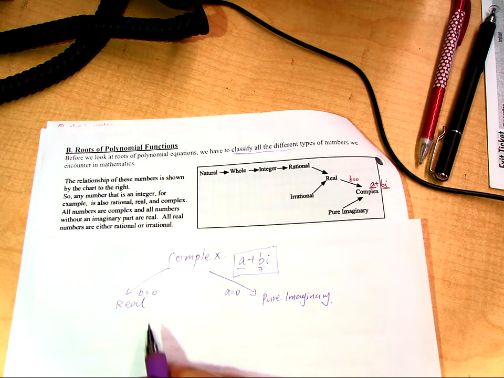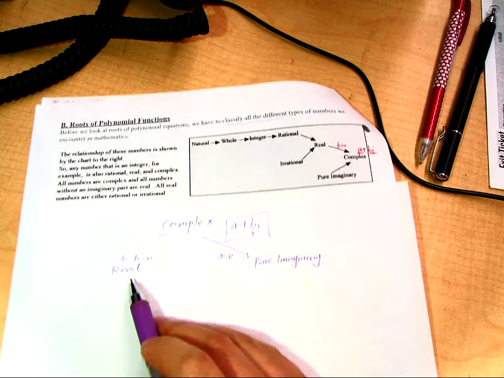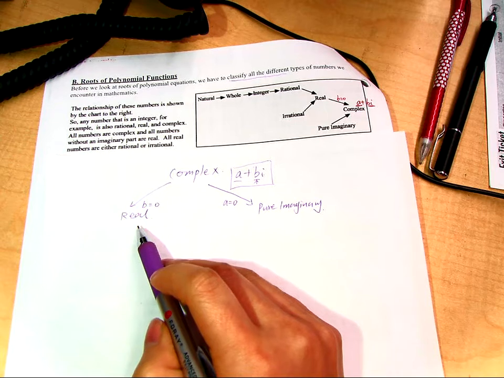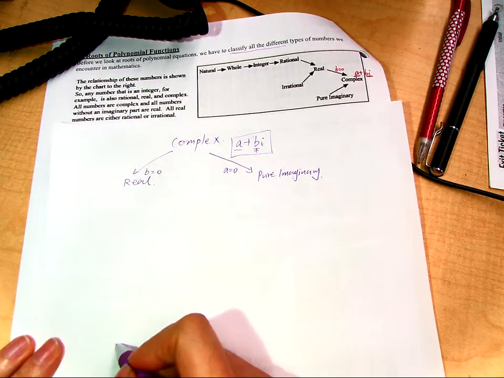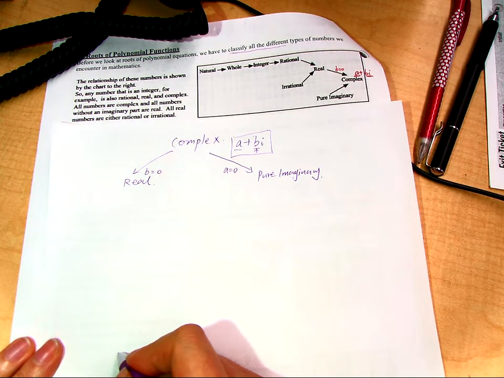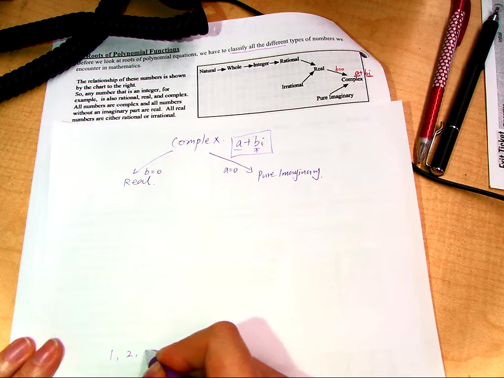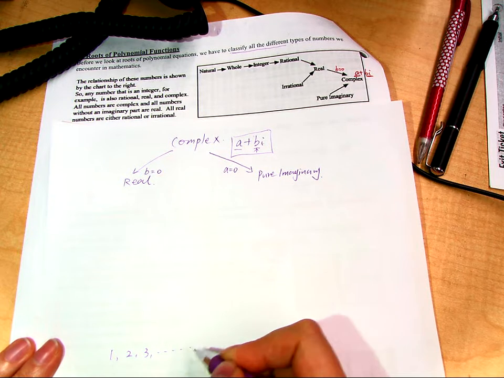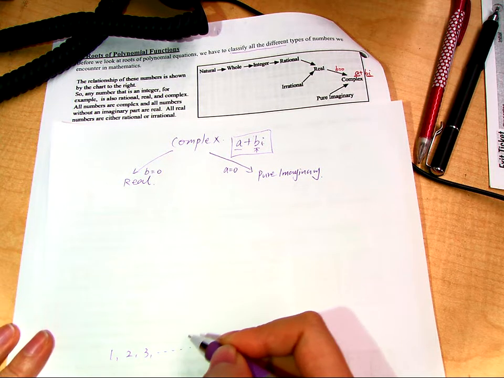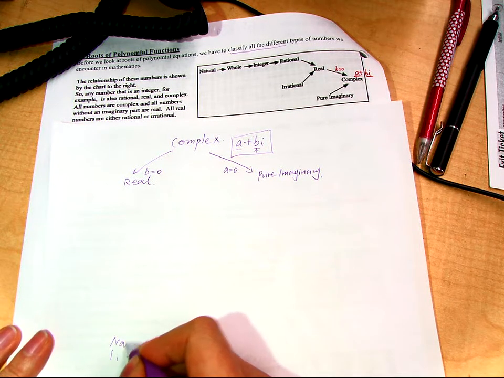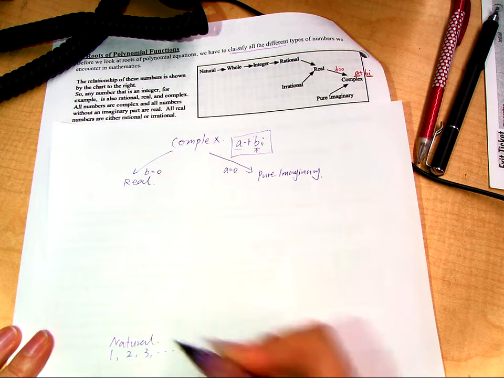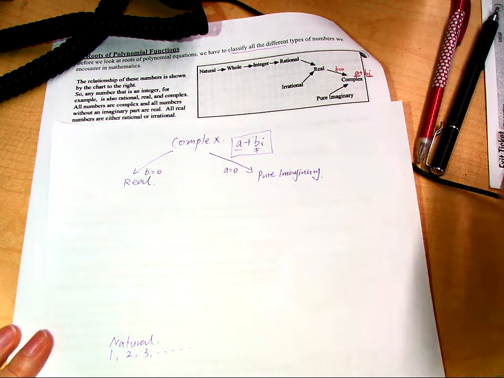And now let's talk about the real numbers. For the real numbers, same thing. Let's start from the very beginning. When we have counting numbers, like 1, 2, 3, keep going, we call those numbers natural numbers.